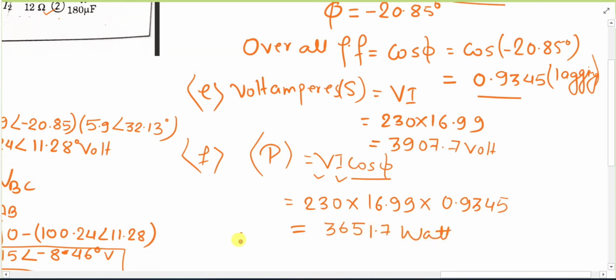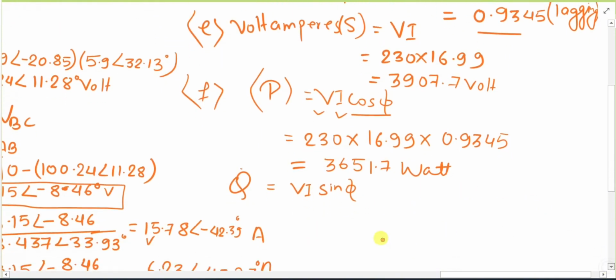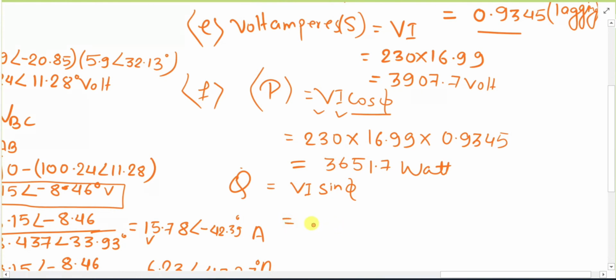Now let's identify reactive power, which is represented by Q, and its formula is VI sin phi. Now our voltage is, substitute sin 20.85 degree.